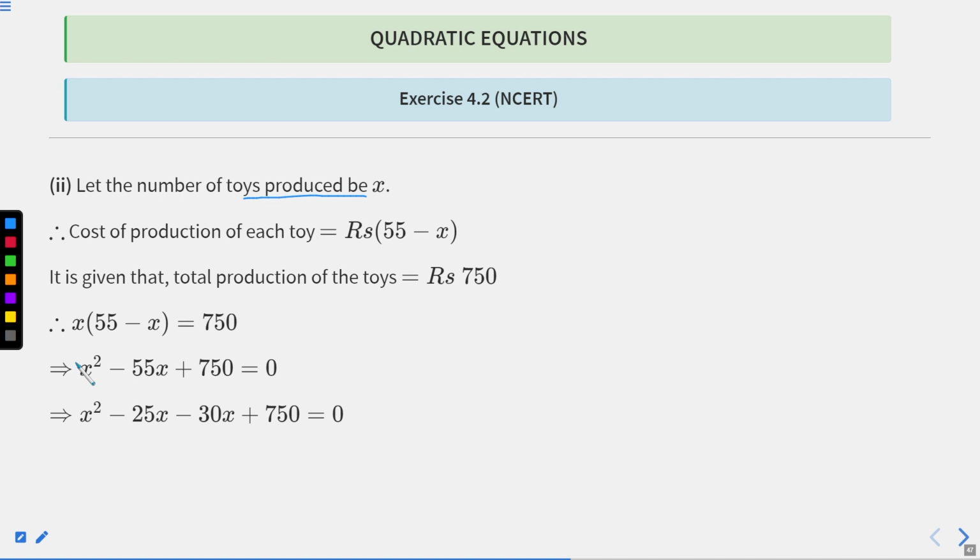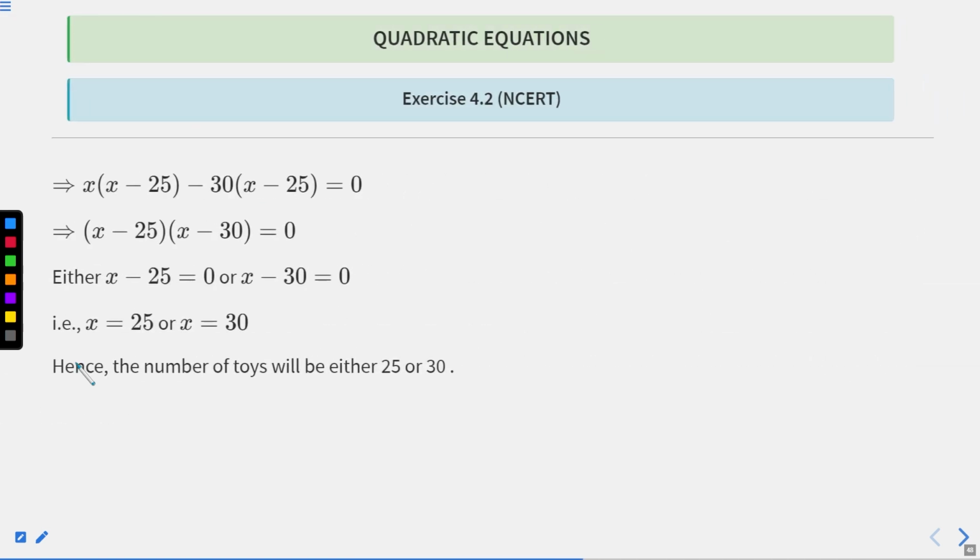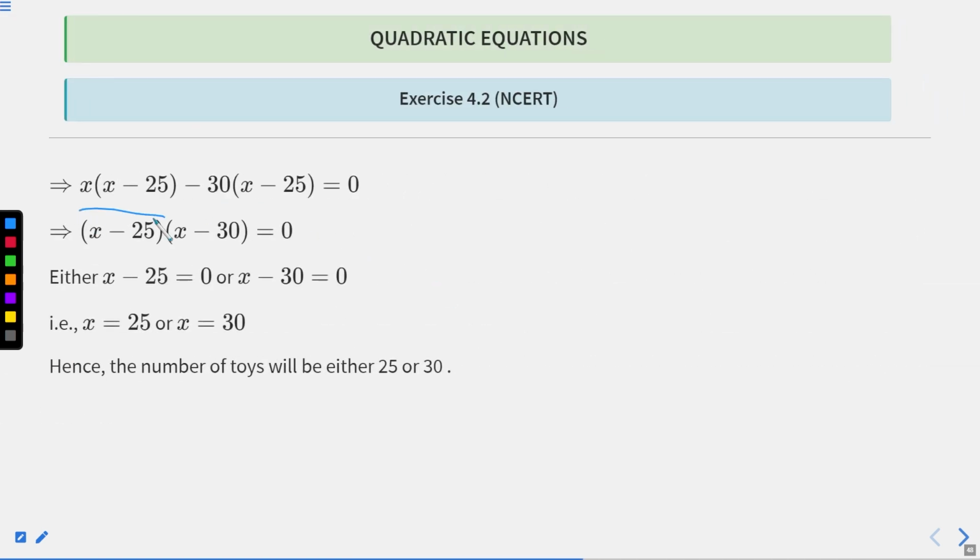Basically, here we have split minus 55x as minus 25x minus 30x. Now we get x times x minus 25 minus 30 times x minus 25 is equal to 0, and it implies x minus 25 times x minus 30 is equal to 0. So either x minus 25 is equal to 0 or x minus 30 is equal to 0.